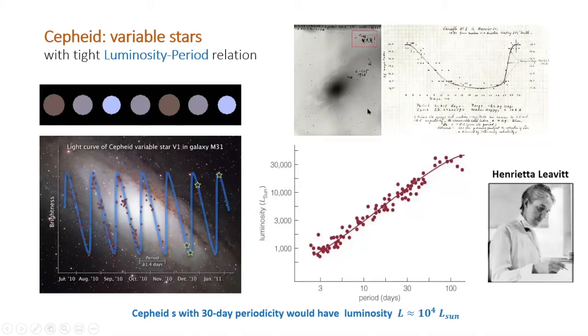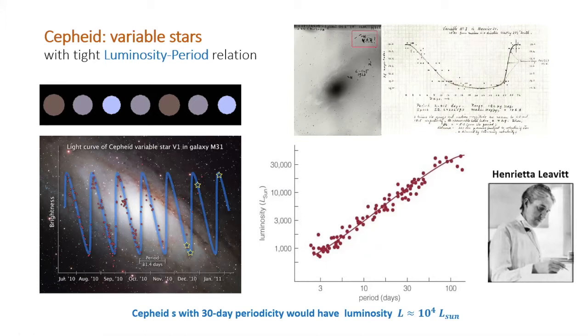This is a photo of Andromeda that Hubble took, and these are his scribbles showing how the period-luminosity relation appears in Andromeda.